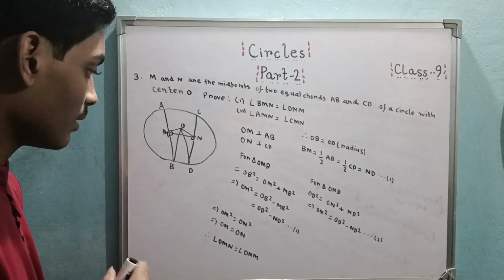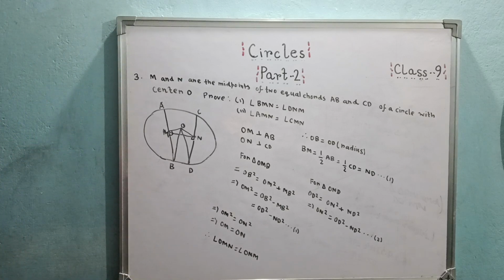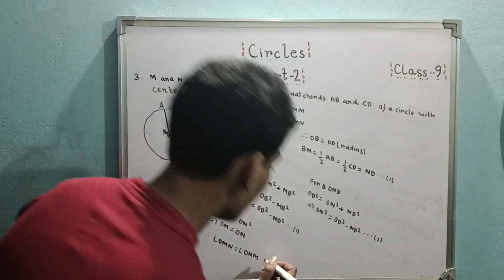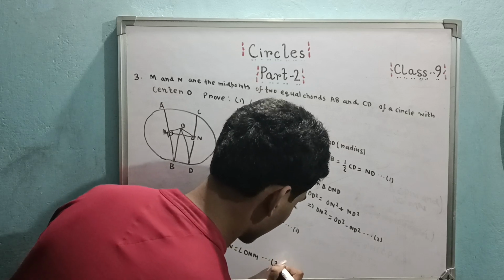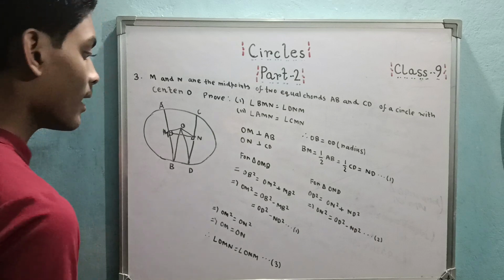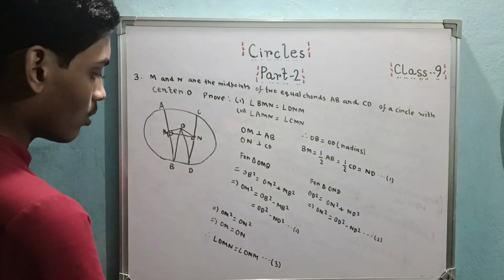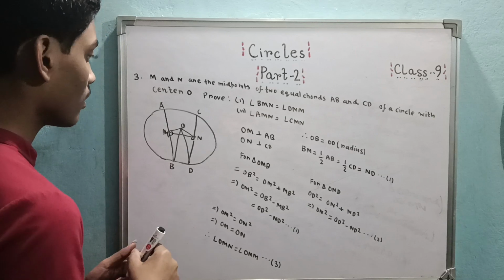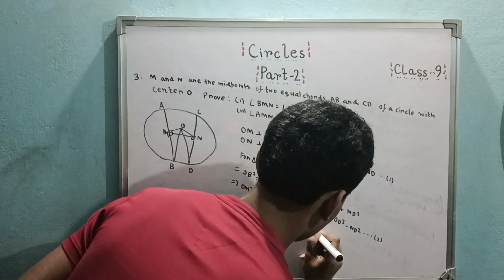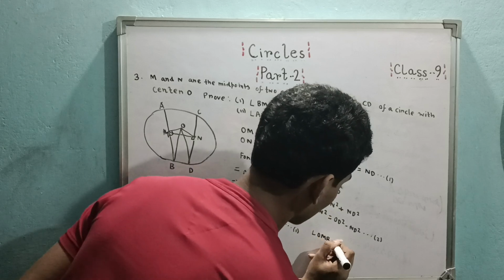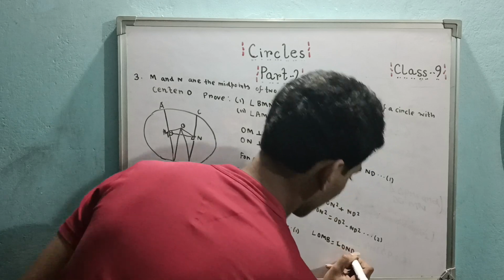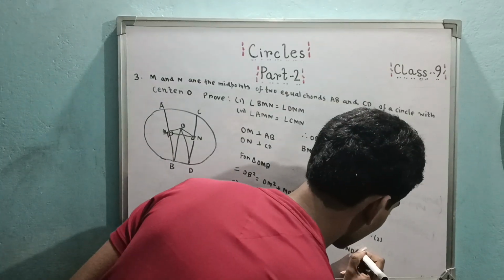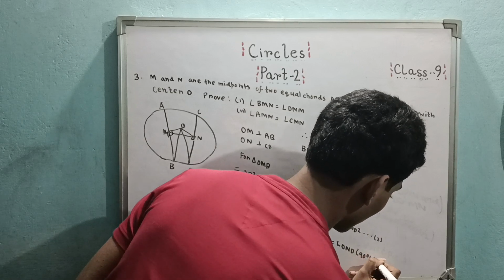So then we have this. Now another thing, angle OMB equal to angle OND. Let this be equation 3. This is 2, right? And another equation, angle OMB, this is a right angle. Angle OMB equal to angle OND. Both are right angles, 90 degrees. Suppose this is 4.